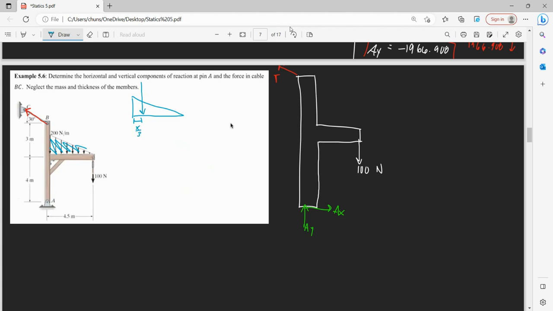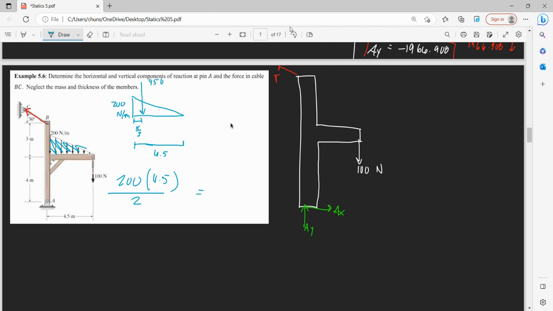So this spans over 4.5 meters and has a height of 200 newtons per meter, sorry. So we need the area of our triangle. So this is 200 times 4.5 divided by 2. This is equal to the magnitude of our equivalent force. This is 450 newtons.